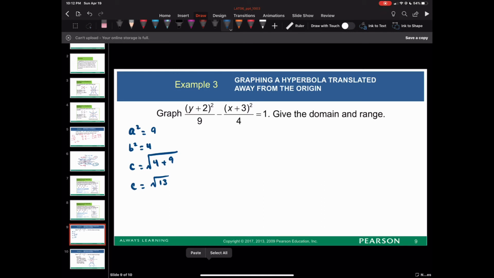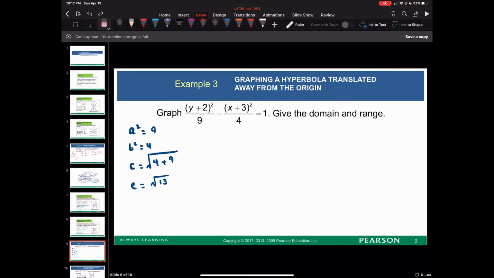So we're going to look at this. So let's go. So we know that we're using the vertical transverse axis.